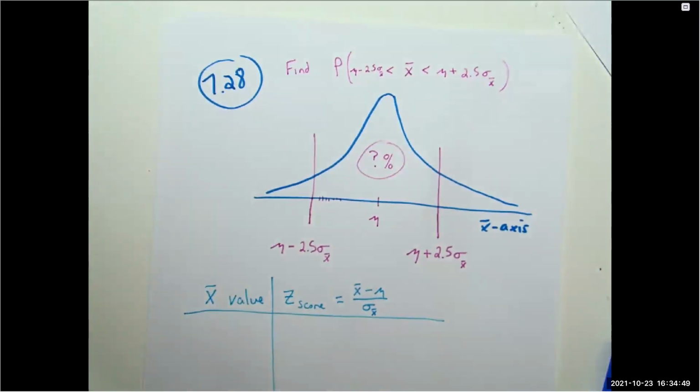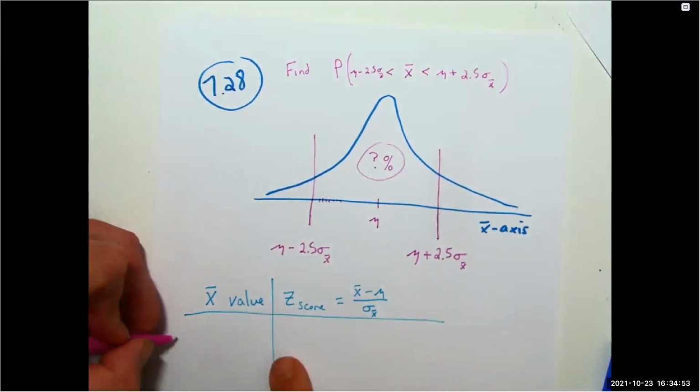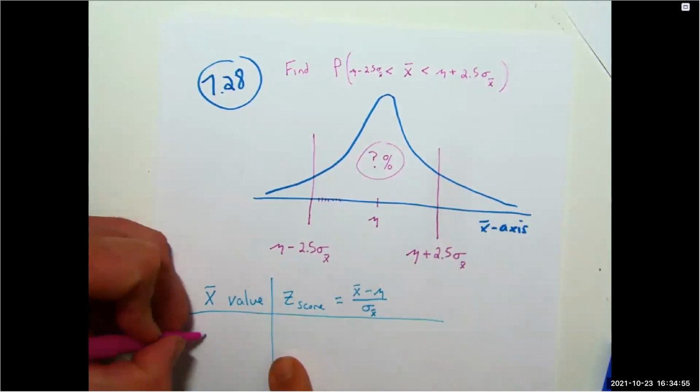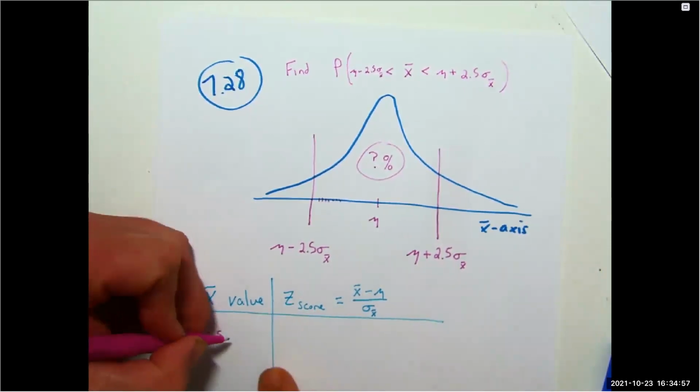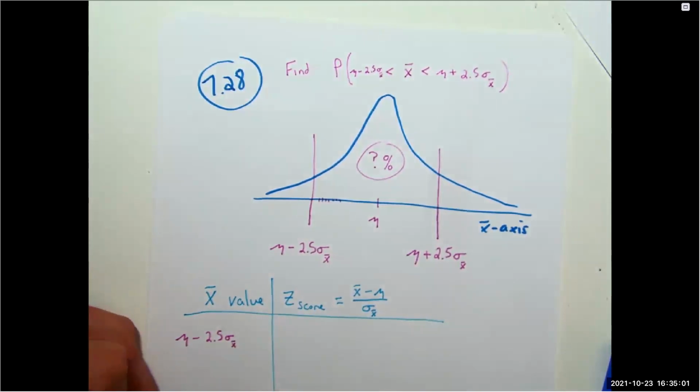So we'll see what happens. These two boundary values, the first x bar value will be this boundary value, mu minus 2.5 times sigma sub x bar. And this other one will be mu plus 2.5 times sigma sub x bar.